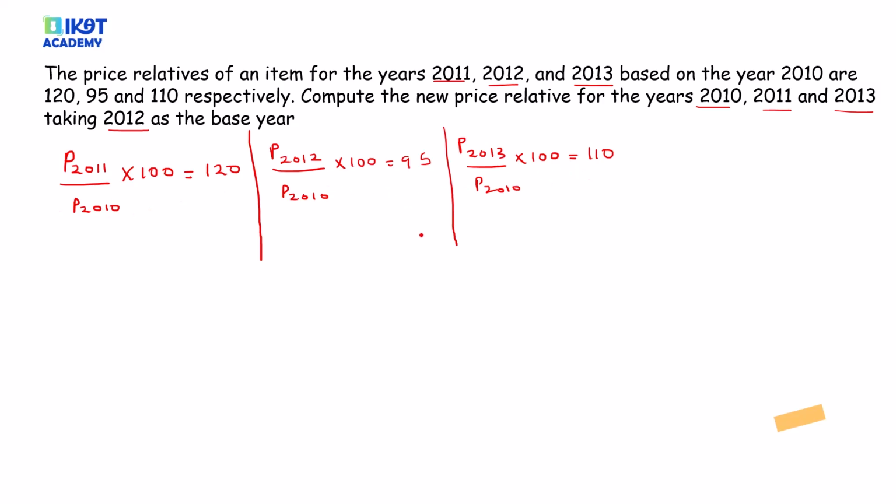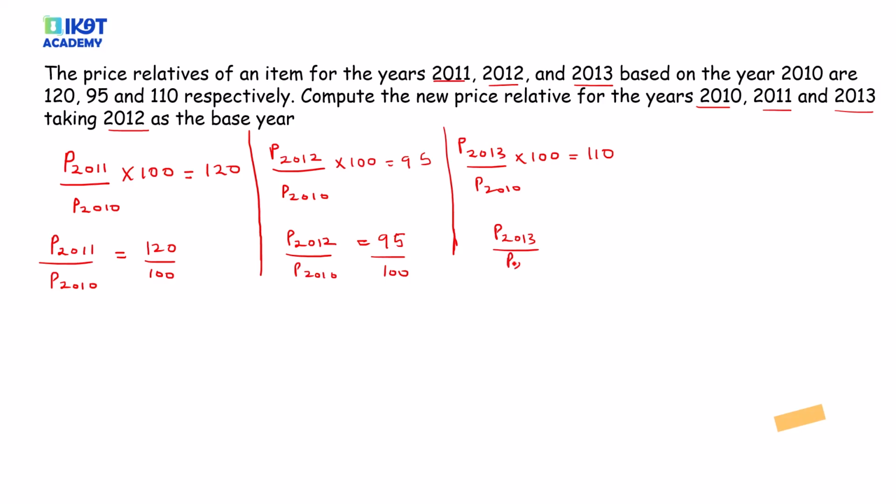Now this is what I have. For these questions, usually you have to manipulate this and you're going to understand why in a bit. So you make this the subject. So this is 2011 divided by 2010. I'm going to bring this side because I'm making this the subject, out of 100. P2012 out of P2010 equals 95 out of 100.